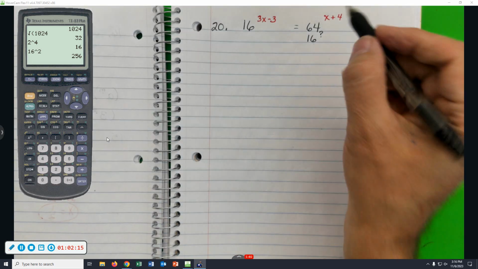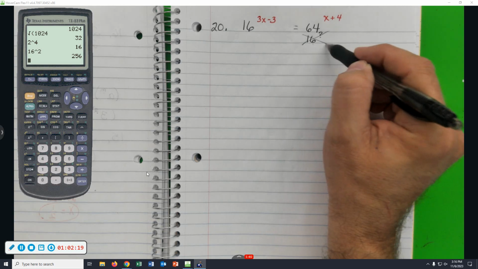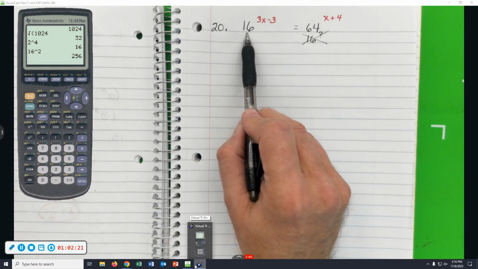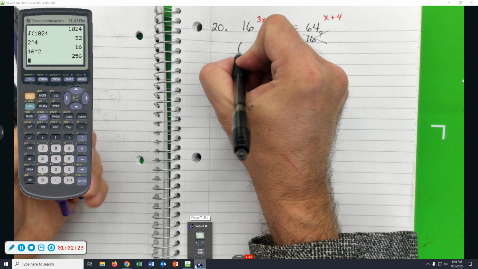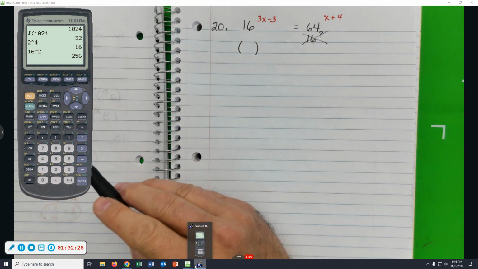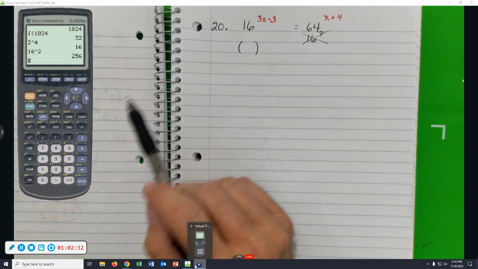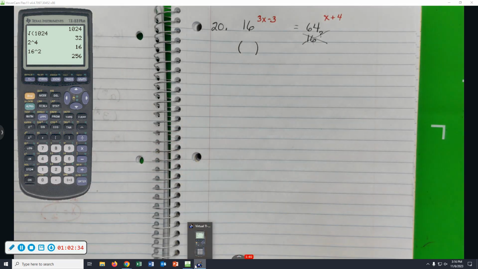But now, since we can't rewrite 64 as 16 to a power, come over here to the 16 and ask yourself, how do I write 16 as some number to a power? There's something from the multiplication table that gives you 16. Don't say 8 times 2. No. Something times itself gives 16.